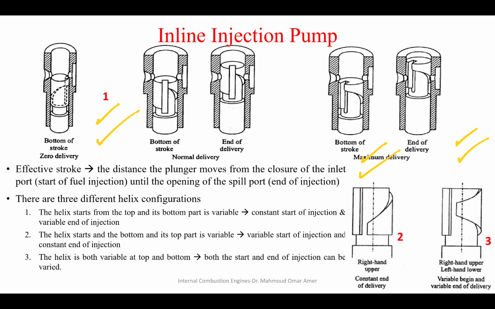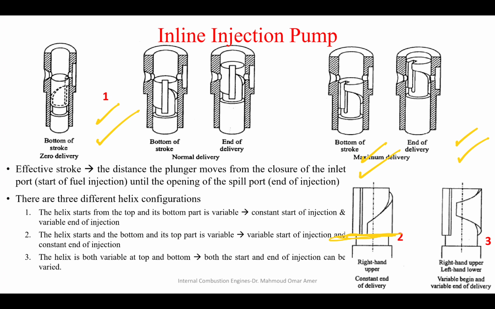With the second plunger, you control the start of injection according to the rotation of the helix, but the end of injection will always be the same because the end is flat. The third plunger, according to its rotation, you will control both the start and end of injection.